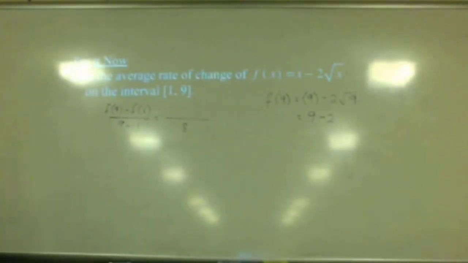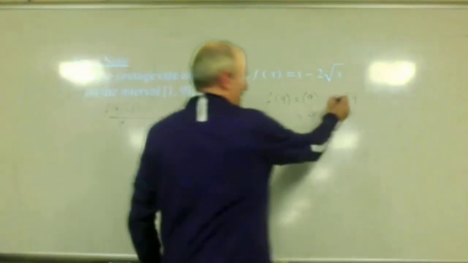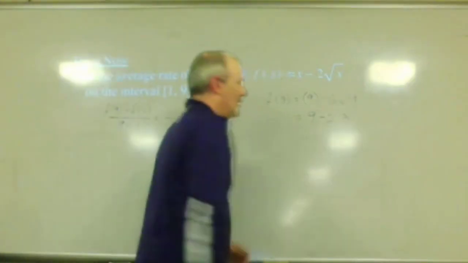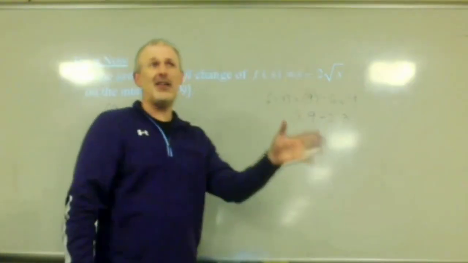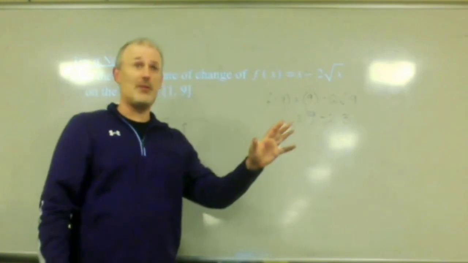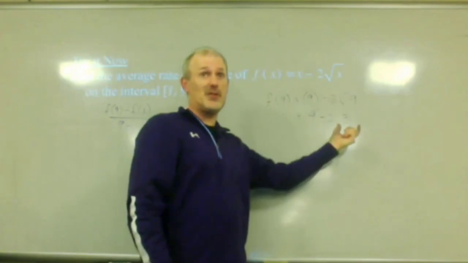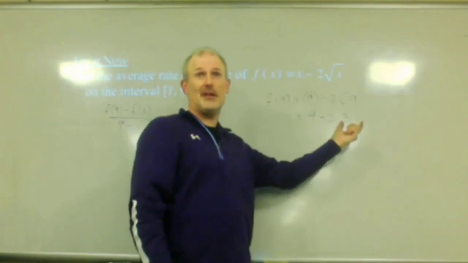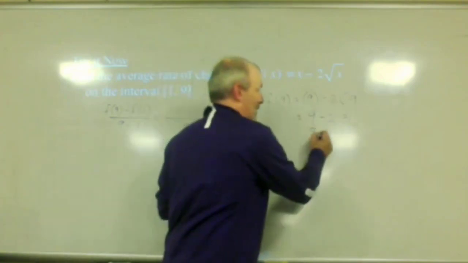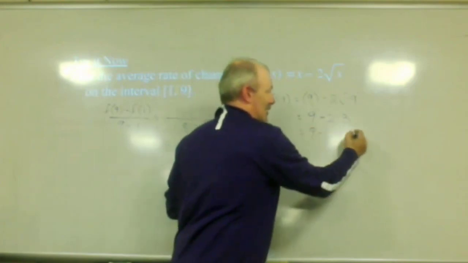Because 3 times 3 is 9. So this is times 3. And then be careful, most calculators will do this automatically, but we've got to multiply before we subtract. So 2 times 3 is next, and it's going to be what? 6. So 9 minus 6, and that gives us 3.